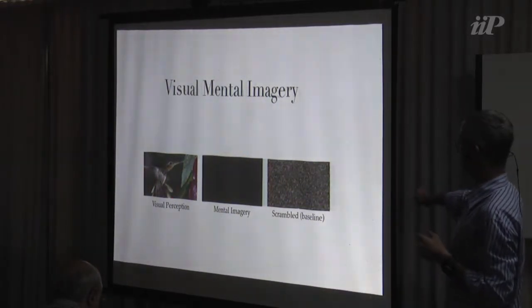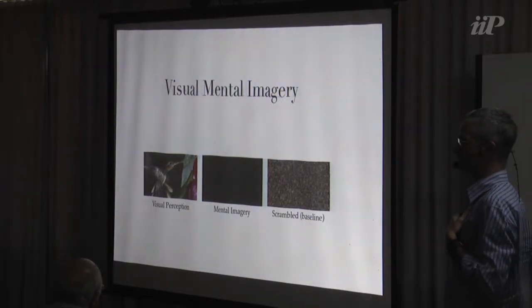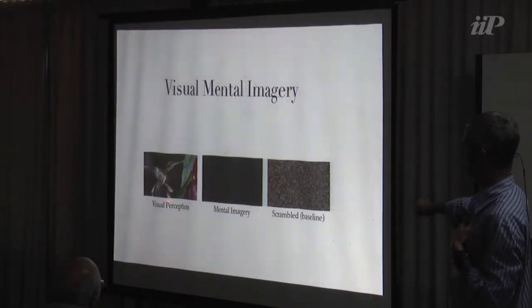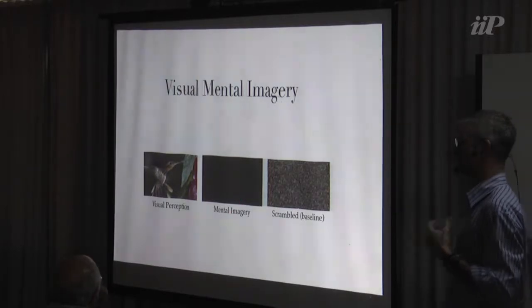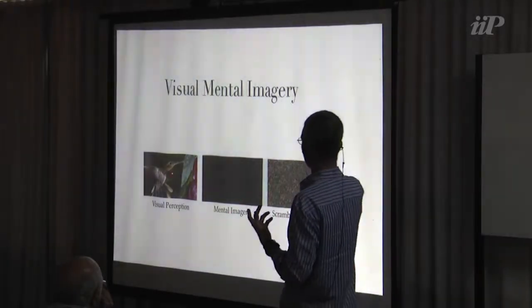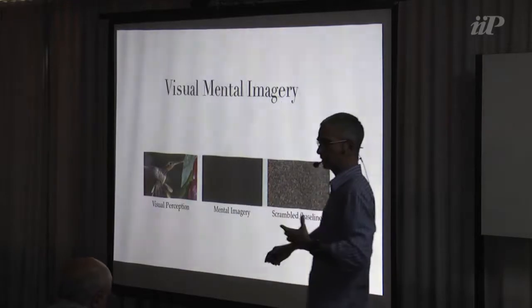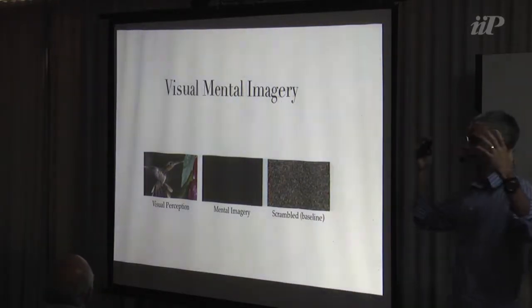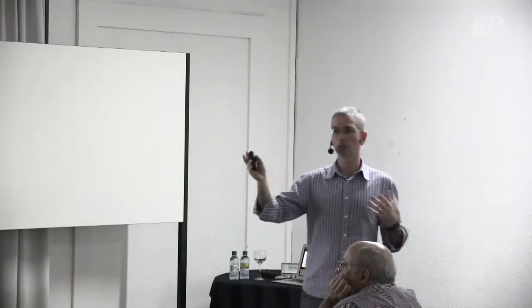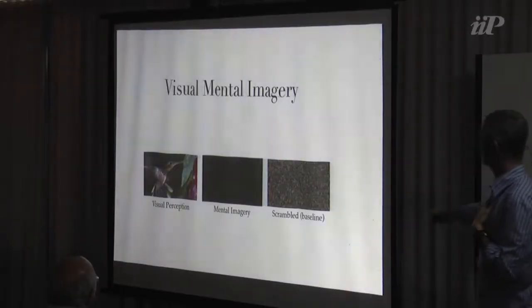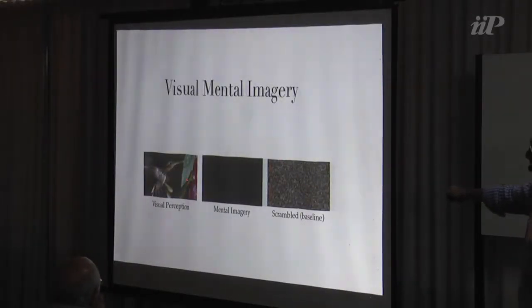In some periods, they had a visual perception task where they would see complex images like this one. They also went through a mental imagery task, with their eyes closed, in which they had to imagine this image, and if something changed in their mind, different from the seed image, they should follow it and see it. And then there were periods with a scrambled version of the visual perception image to serve as a baseline.